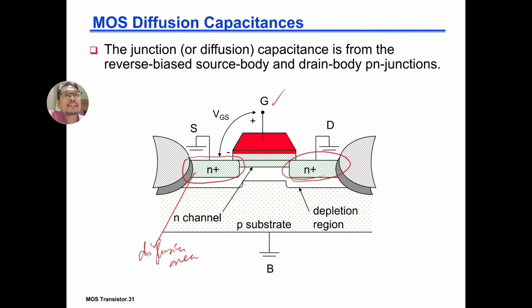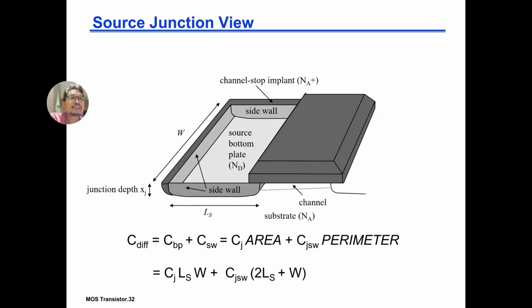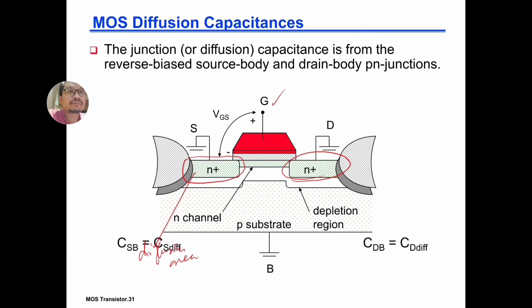And how do we calculate the capacitance on the diffusion side? Source to bulk is simply the source diffusion, and drain to bulk is the drain diffusion. First we are looking here at the source to bulk and the drain to bulk, that's one.